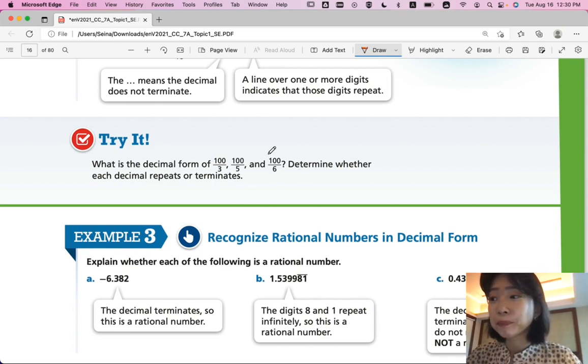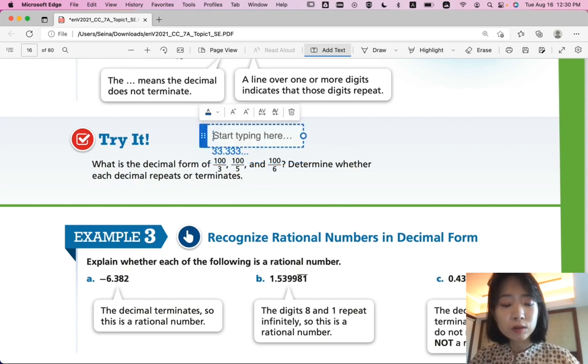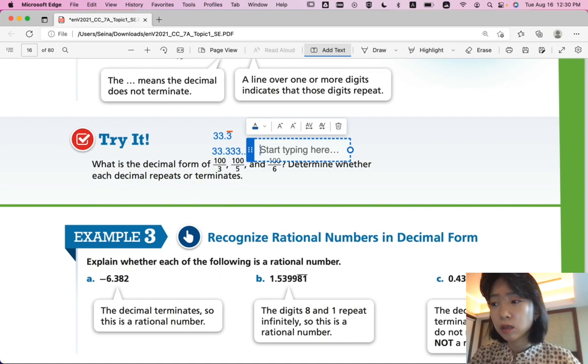Okay, are you ready? So 100 divided by 3, you should get 33.333 repeated, or you'll write 33.3 with a bar over the 3. And 100 over 5, 100 divided by 5 is exactly 20.